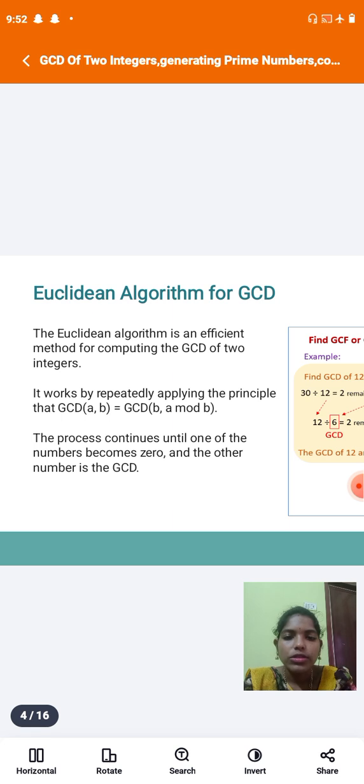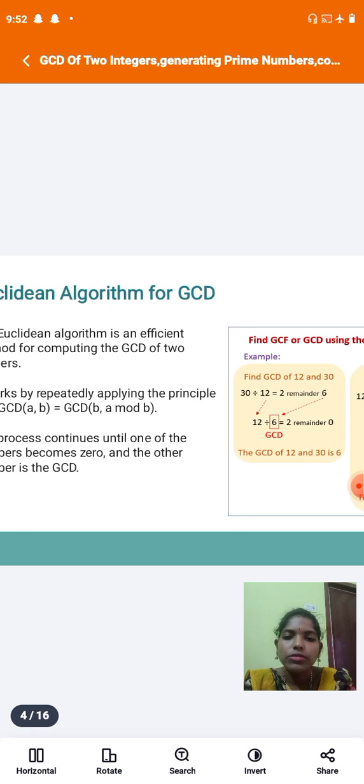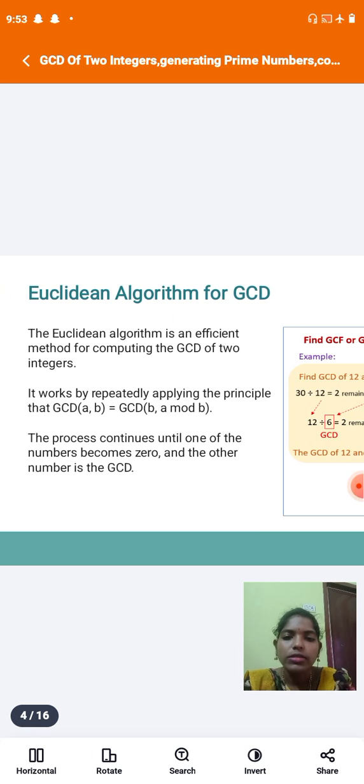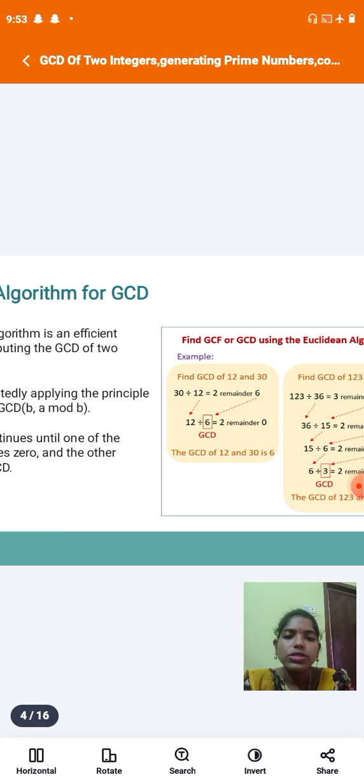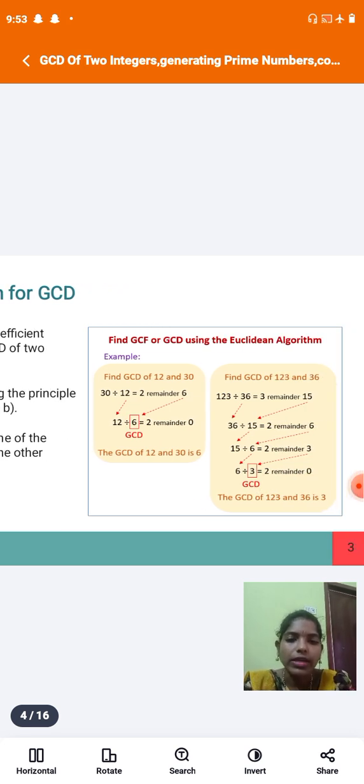The process continues until one of the numbers becomes 0, and the other number is the GCD. So we continue this process until one number is 0, and the remaining number is the GCD, the greatest common divisor or greatest common factor.